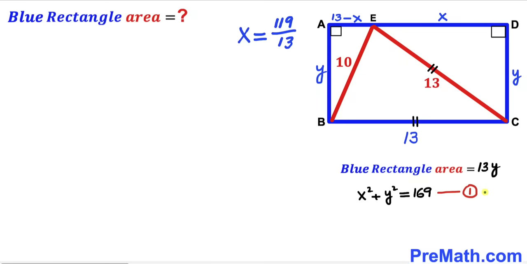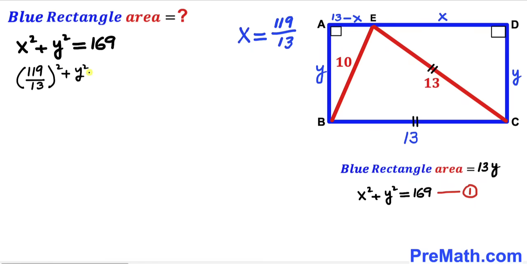Let's focus on equation 1 once again. Here I have copied down equation 1: x squared plus y squared equals 169. We know our x value is 119 divided by 13, so I'm going to substitute that value over here. Therefore I could write (119 divided by 13) whole squared plus y squared equals 169.